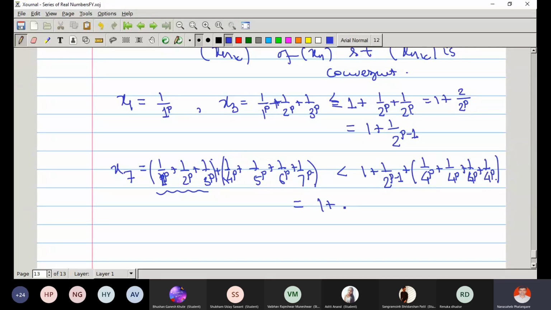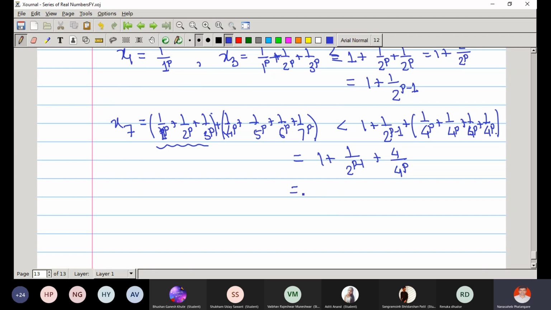So what is it? 1 plus 1 upon 2 to the power p minus 1 plus 4 times 1 upon 4 to the power p. But 4 can be cancelled. So what is it? 1 plus 1 upon 2 to the power p minus 1 plus 1 upon 4 to the power p minus 1. But 4 is 2 square, right? So I can write it as 1 upon 2 to the power p minus 1 whole square. Am I right?